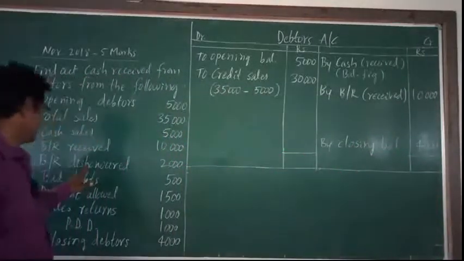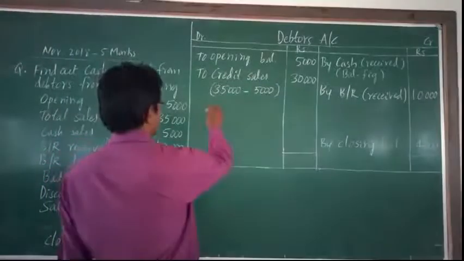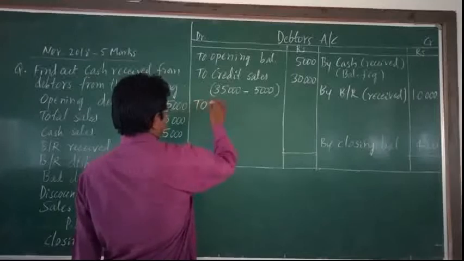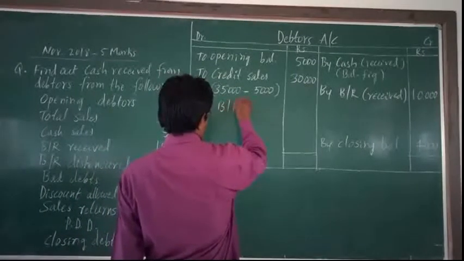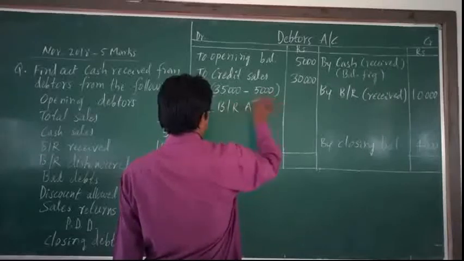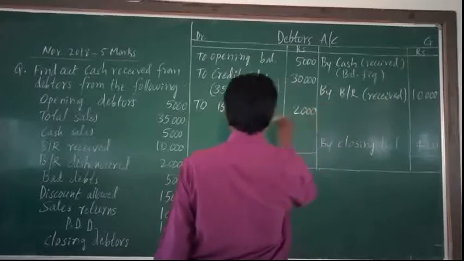Next item is bills receivable dishonored, 2,000. We have to take this entry on the debit side, to bills receivable account, for dishonor of bills.